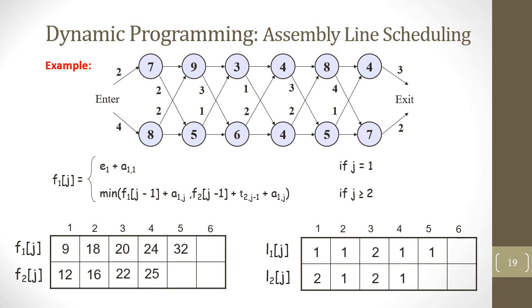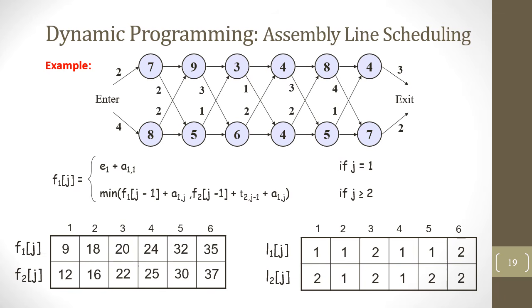Similarly, station 5, line 2, the fastest time is 30 using line 2. And on station 6, line 1, the fastest time is 35 from line 2. And station 6, line 2, the fastest time to reach there is 37 from line 2.